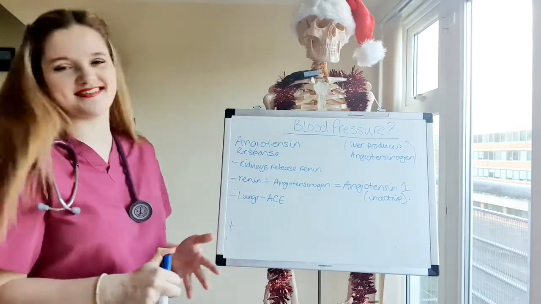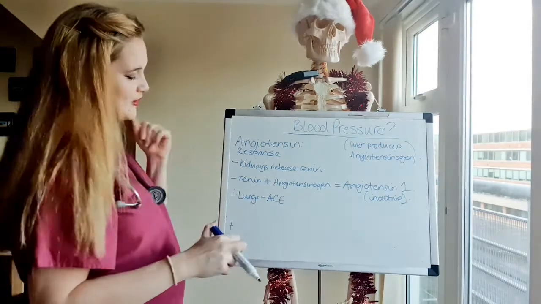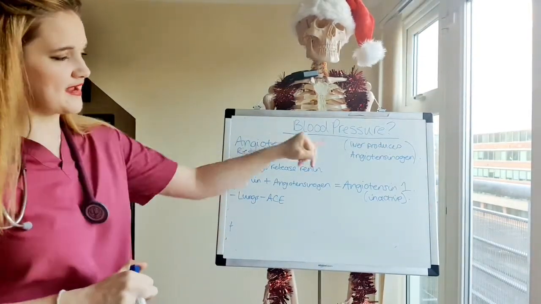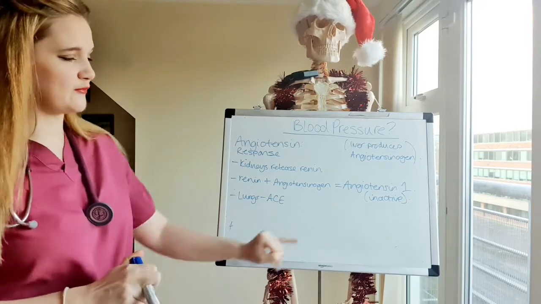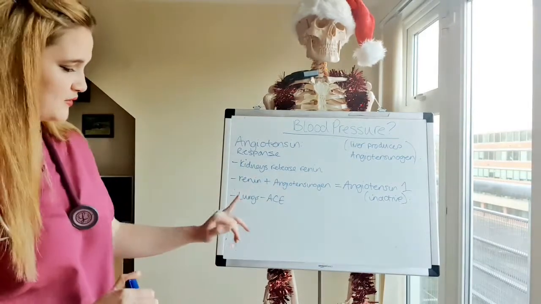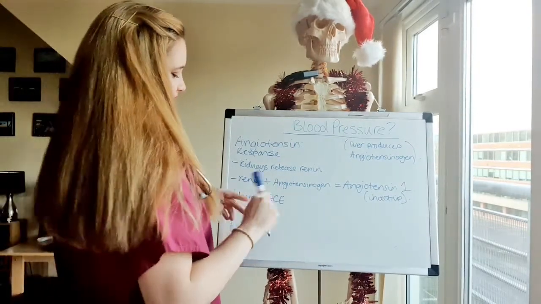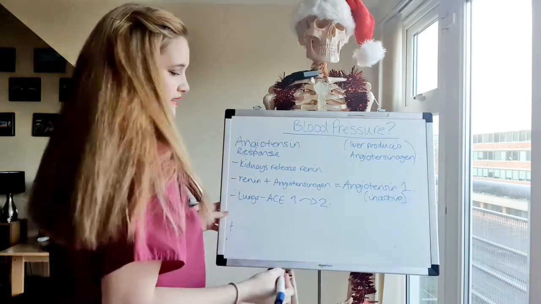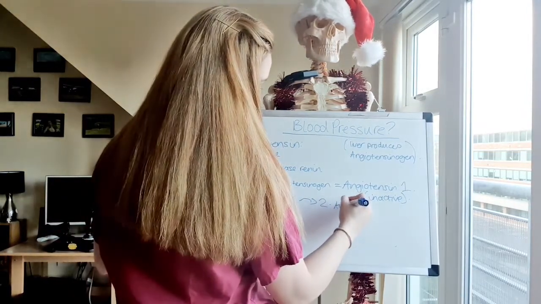So kind of nice and easy to remember. So we've got low blood pressure, which causes the kidneys to release renin. Renin reacts with the angiotensinogen that the liver produces, and we get angiotensin 1. Angiotensin 1 is inactive until we get to the lungs, where ACE turns 1 into 2. So now we've got angiotensin 2.